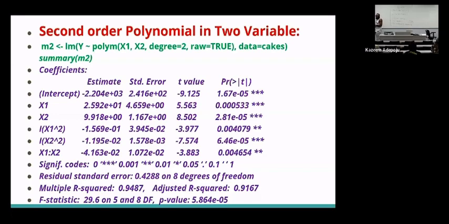With all this, there's going to be a violation of multicollinearity. In multiple linear regression, we don't expect independent variables to correlate. But in this case, of course, they will correlate. You know why? X1 squared depends on x1, x2 squared depends on x2, and x1x2 depends on x1 and x2.